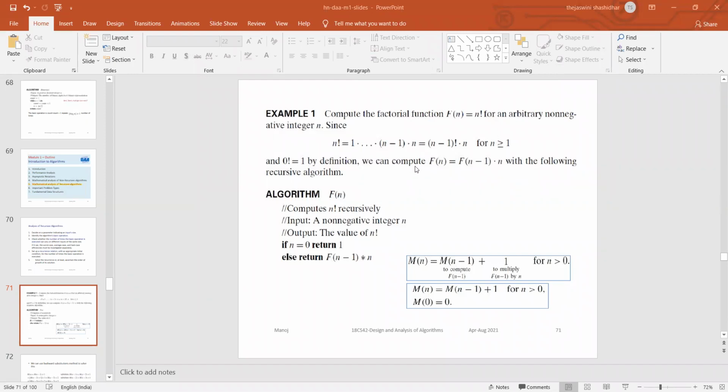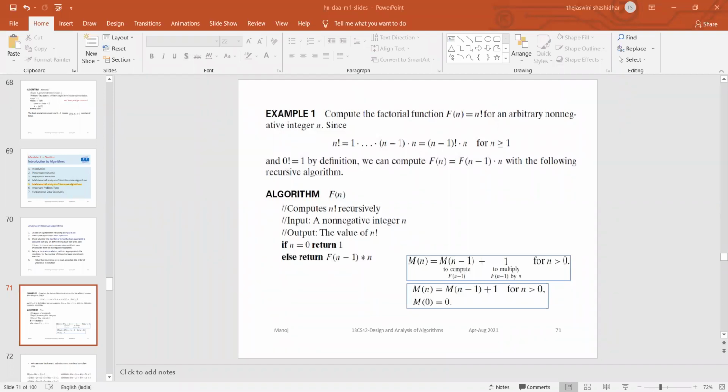So we can compute n factorial. We take it as f of n, so we represent it as f of n minus 1 into n. Keep in your mind, n factorial is considered as f of n.